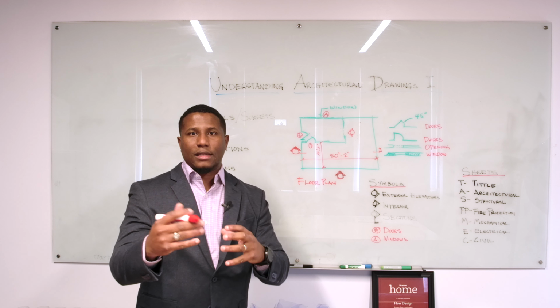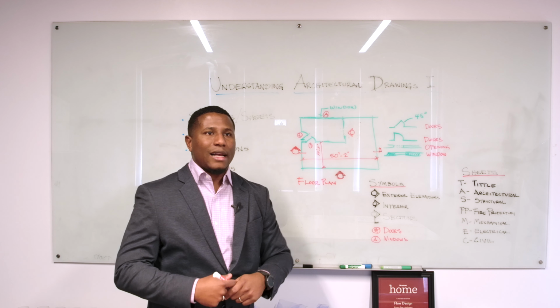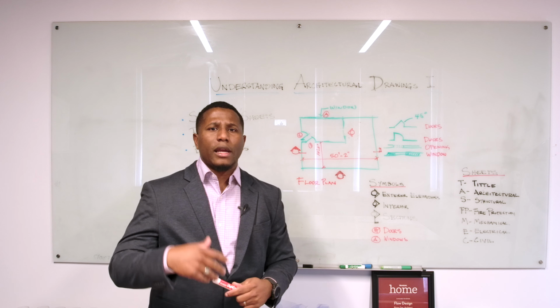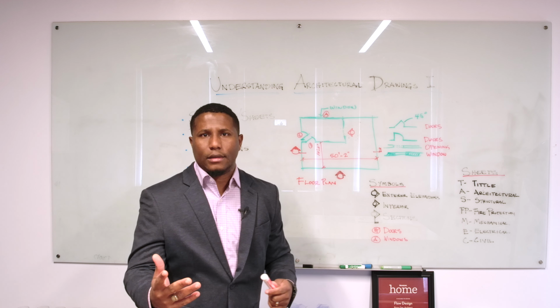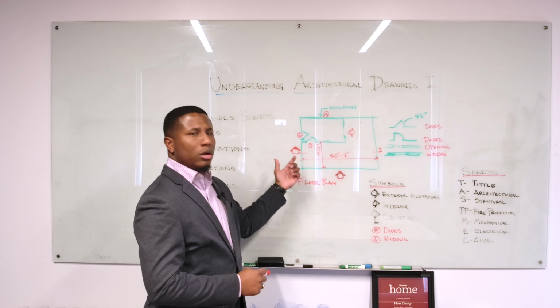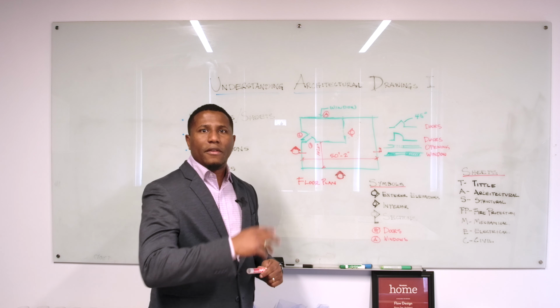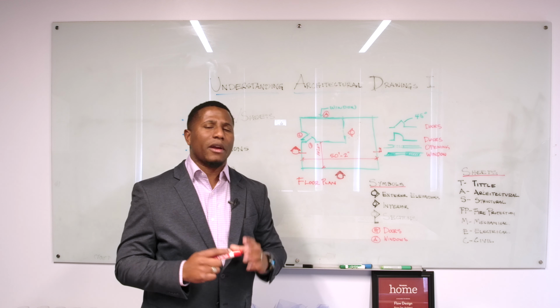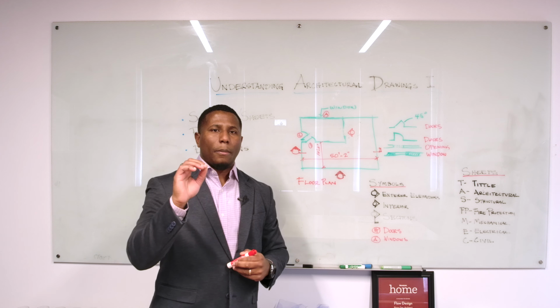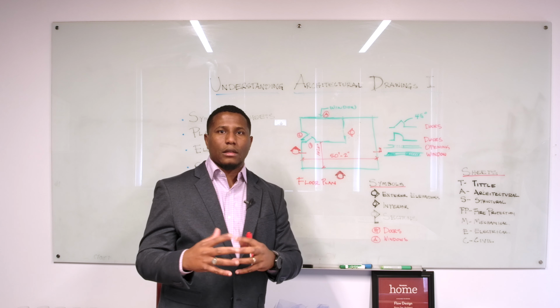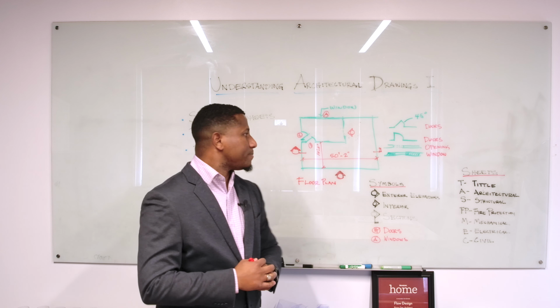Let's say you ask the architect, where can I find the door size? If you see a symbology within the floor plan, then you can find where that is located. It's very important that you pay attention to this video so you get a sense of why we're doing this.